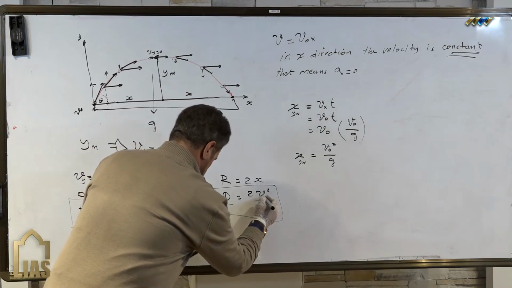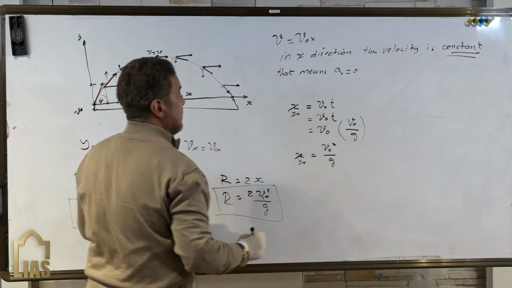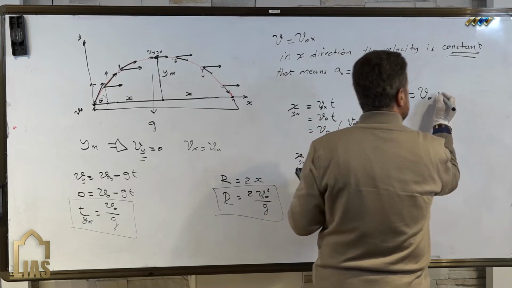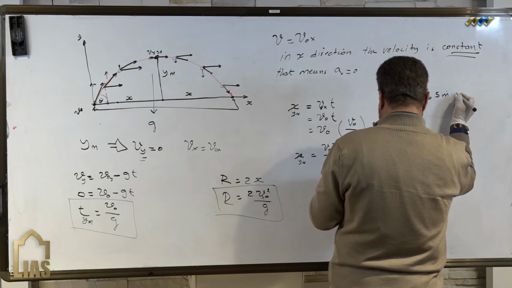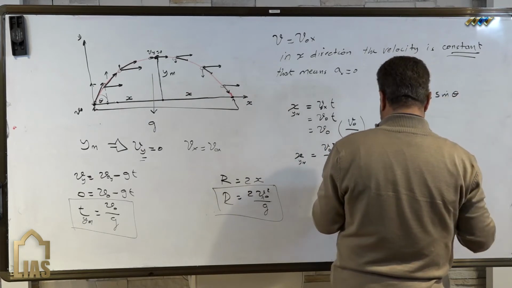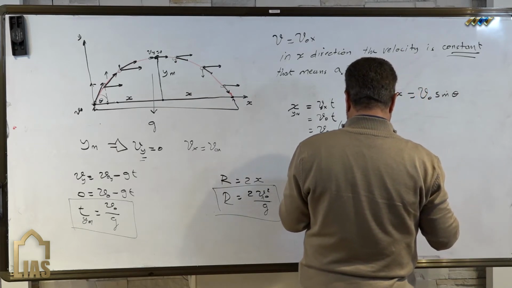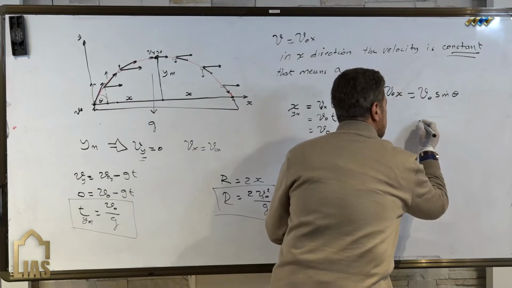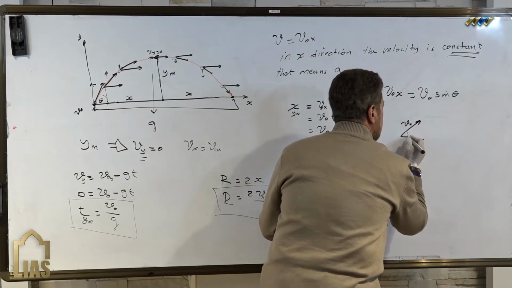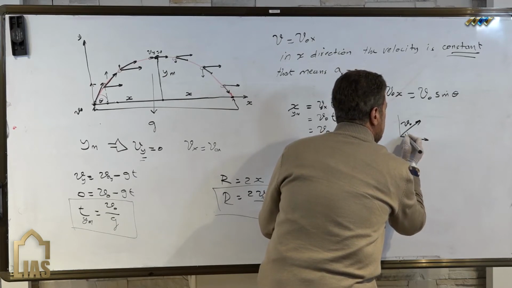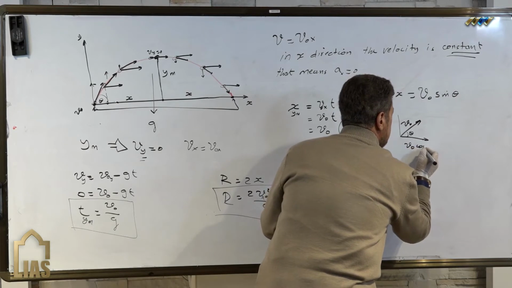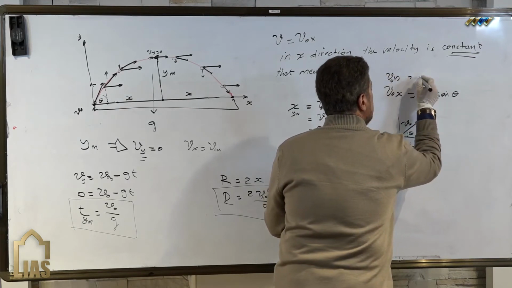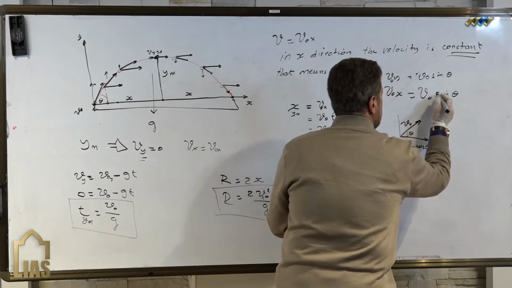V0x is equal to v0 cosine theta. Okay? It's very important, because here, this is the theta, v0 cosine theta, and v0y is equal to v0 sine theta.